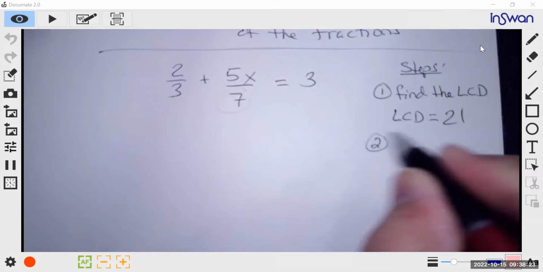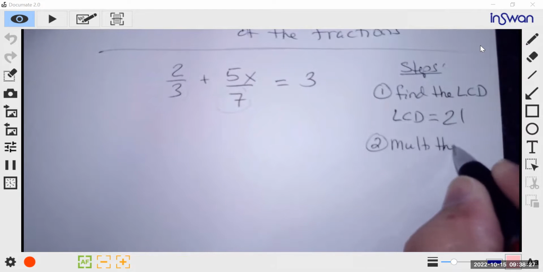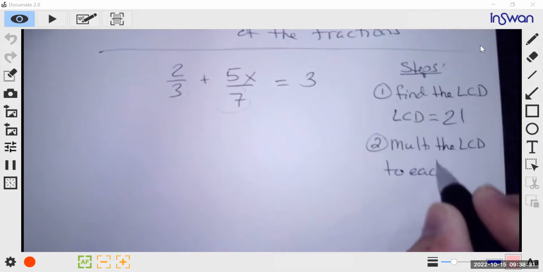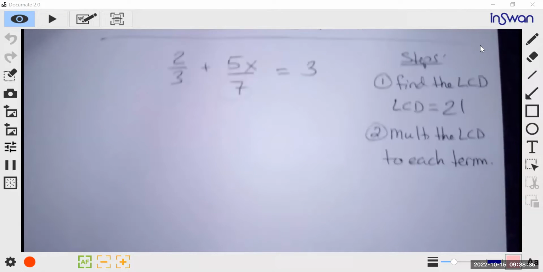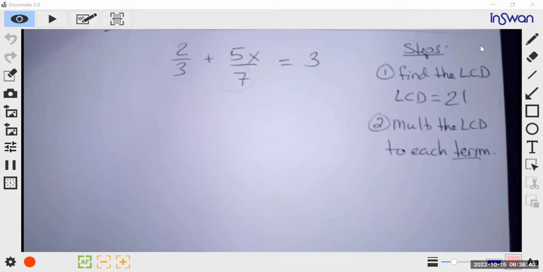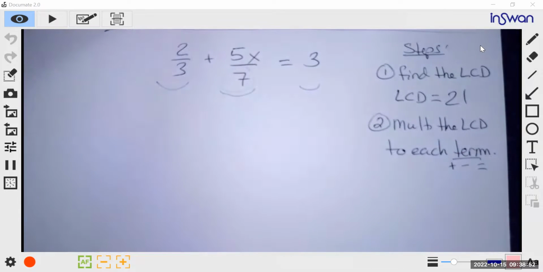Once you find the LCD, multiply the LCD to each term. Remember, what is a term? Anything separated by a plus, minus, or equals. So how many terms do we have in our equation? Yeah, we have one term here, one term here, and one term here.